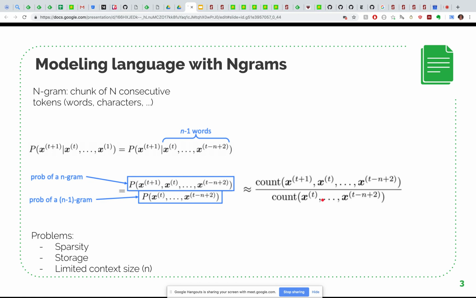So we could even not be able to compute this counting. And besides sparsity, you also need to store all these n-gram counts, which can be really huge, especially if n is large. And the thing is that you would prefer n being large because it gives more context to your prediction. So you have this context size issue.